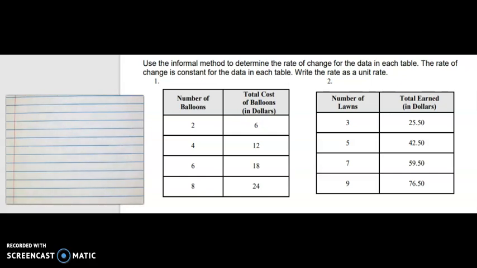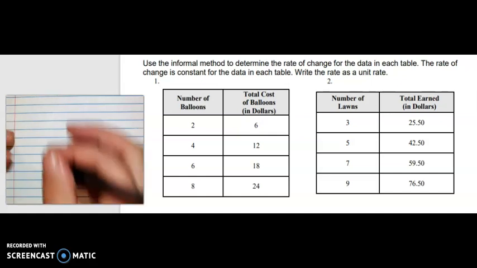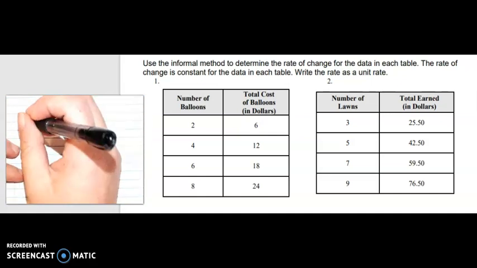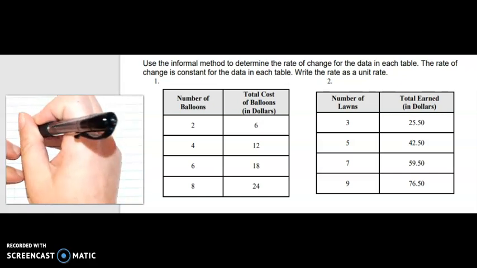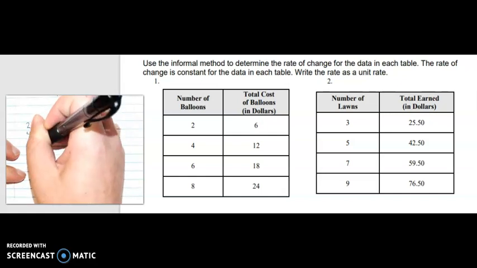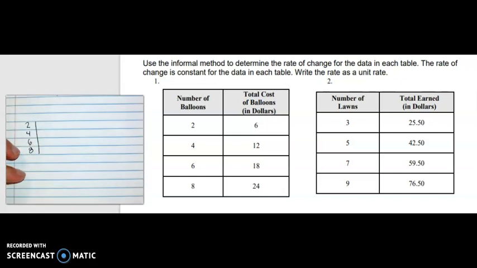The number of balloons is my x, that is my independent variable, and the total cost is my y, that's my dependent variable. So I'm just going to write this in here. So 2, 4, 6, 8. And 6, 12, 18, 24.